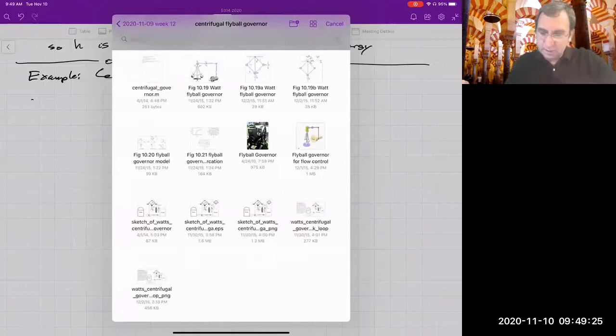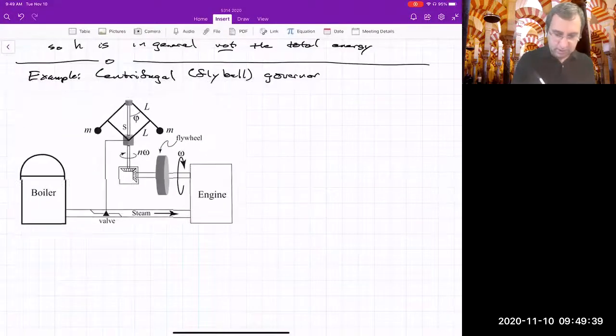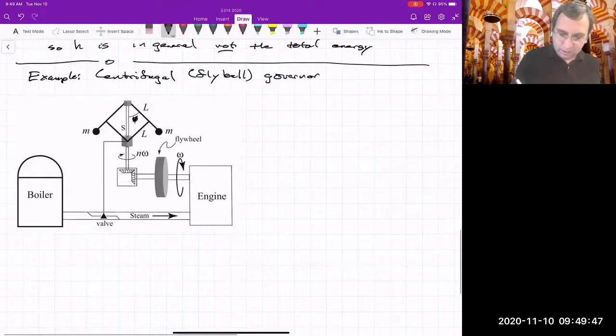If I've got a picture, it's one of these, like this one. There we go. So here is a schematic of it. I'm going to call this angle theta.